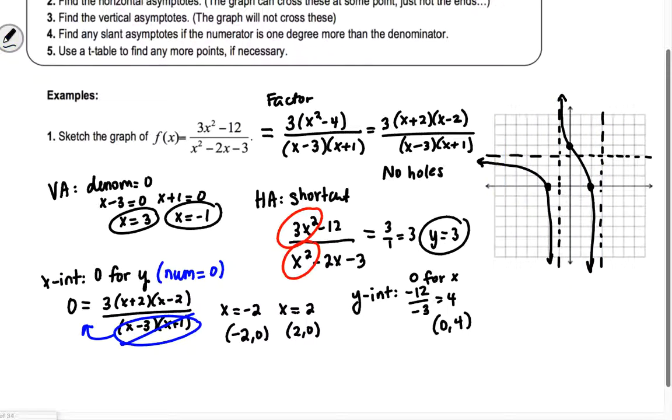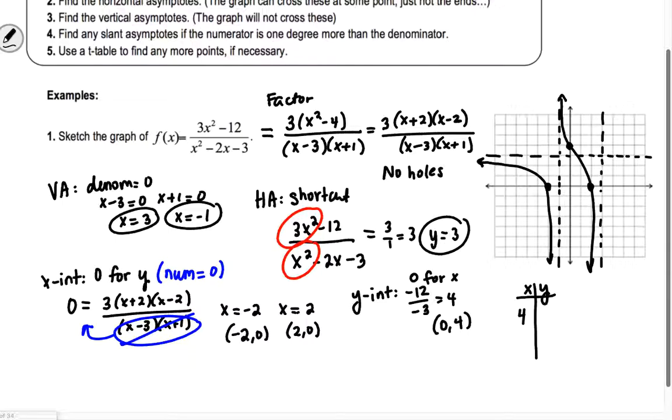So that's where I would do a quick little t-table, and any points that I'm missing, I would plug in. I want to know what's happening on the right side of that vertical asymptote. This was at x equals 3, so what should I plug in? 4, right, let's plug in 4. And I usually plug it into the factored form.